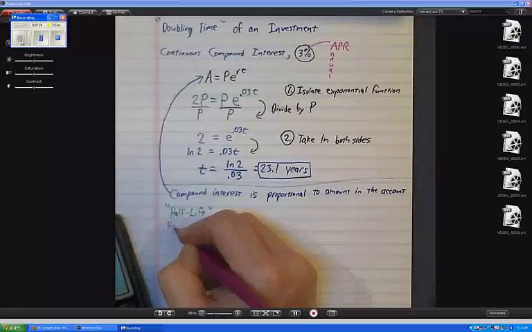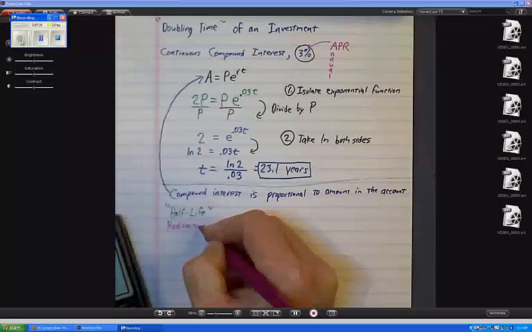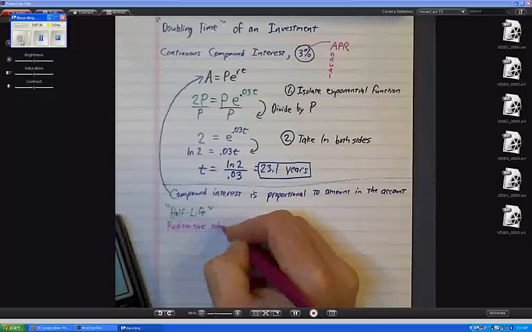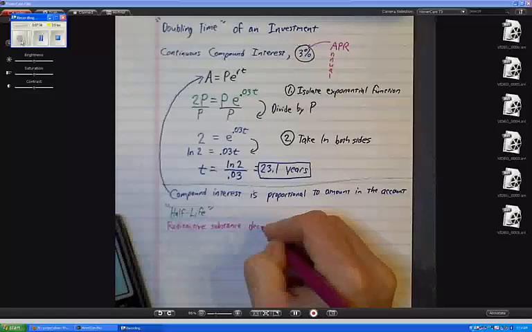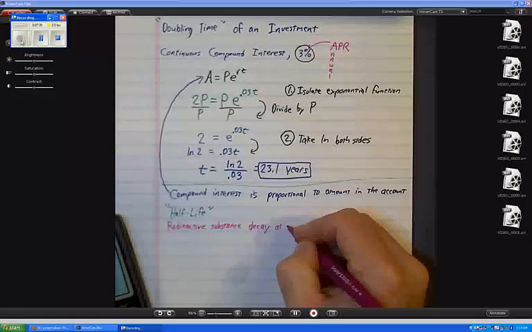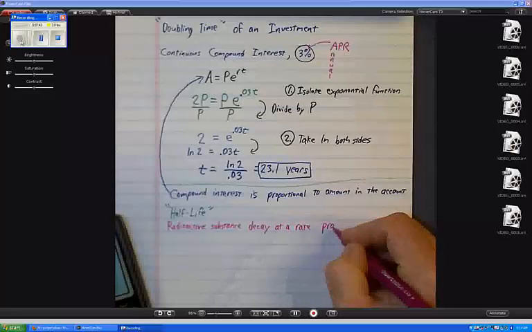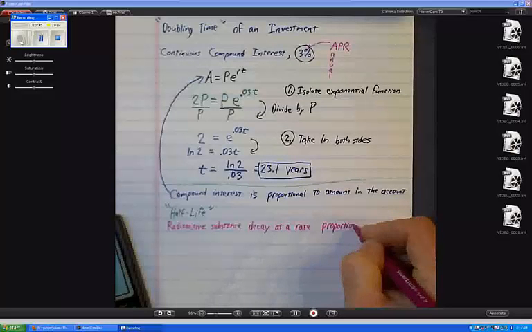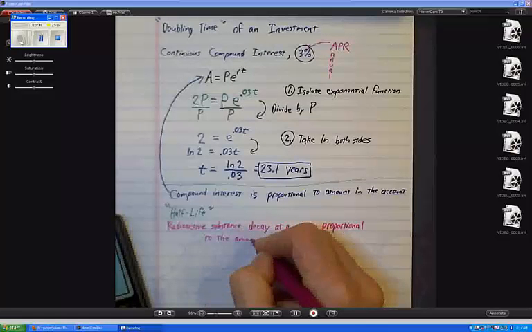radioactive substances decay at a rate proportional to the amount of substance.